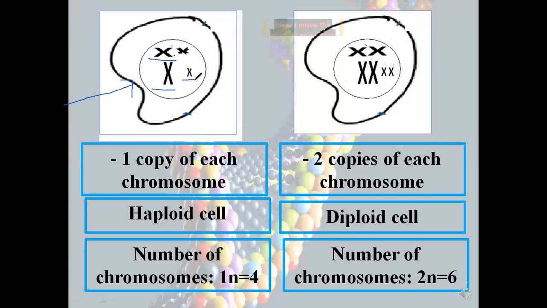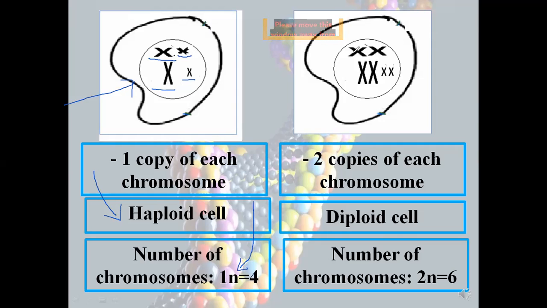So they are referred to as haploid cells. The number of chromosomes is 1n, meaning we have one copy of each chromosome. How many chromosomes do we have? We have four. So 1n equals 4.